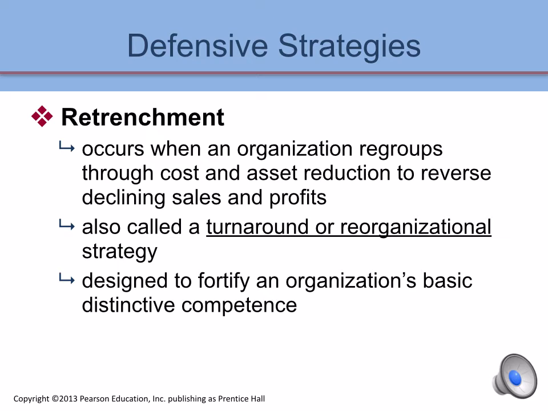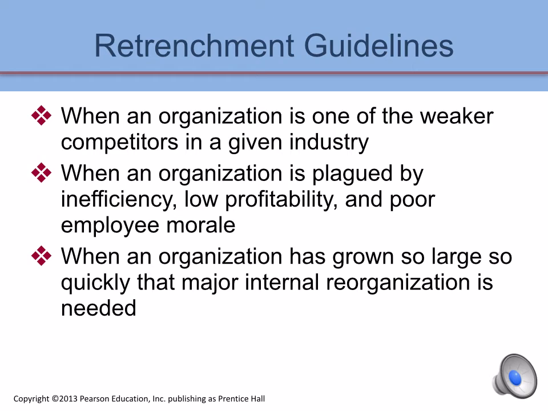Retrenchment can also entail selling of land and buildings, pruning product lines, closing marginal businesses, closing obsolete factories, automating processes, reducing the number of employees, and imposing expense control management systems. Here are some of the guidelines for retrenchment.